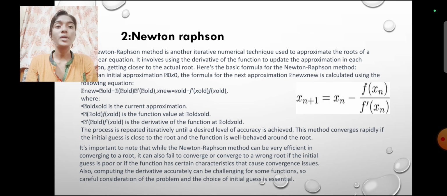The process is repeated iteratively until a desired level of accuracy is achieved. The method converges rapidly if the initial guess is close to the root and the function is well behaved around the root.